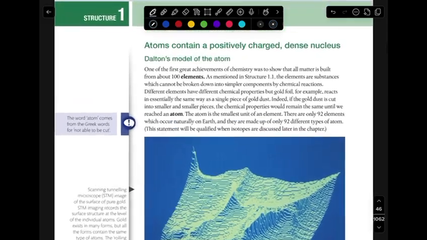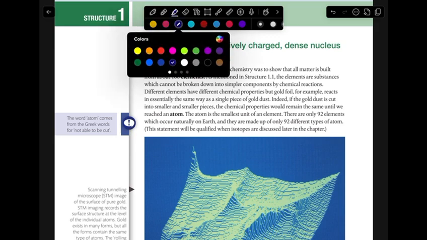So firstly, the atomic model. To understand the nuclear atom, we must first understand the atomic theory developed over time. Early scientists like John Dalton, as you can see, proposed that matter was made up of tiny, indivisible particles called atoms.